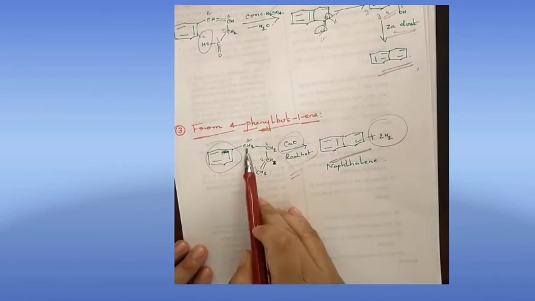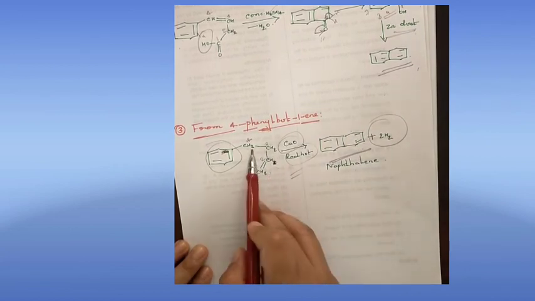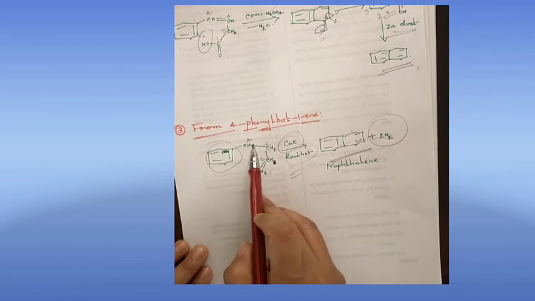There is a removal of 2 hydrogen. 1, 2, 3, 4. 4 carbons are present. Then there is a double bond. Okay, here also a double bond. There is no double bond. Here 2 hydrogen are removed from this position. Then we are getting naphthalene. Okay, so this is the method of synthesis of naphthalene. The first method is very important for the exam.